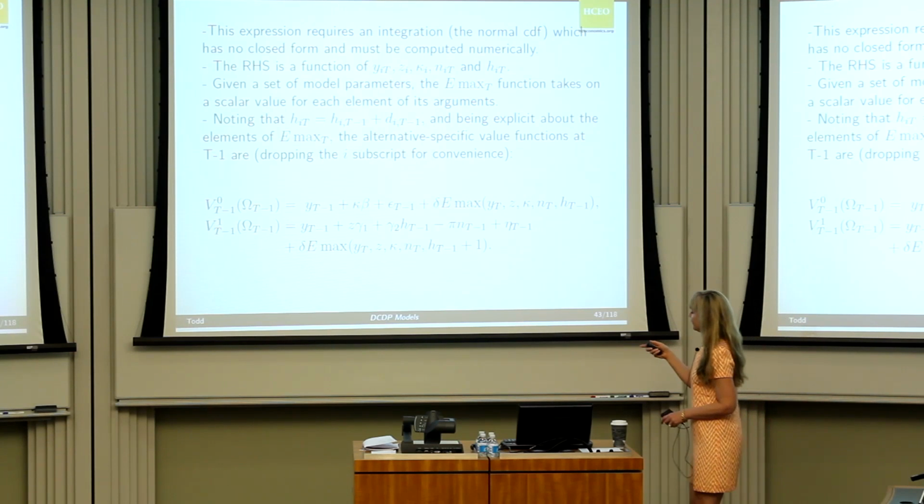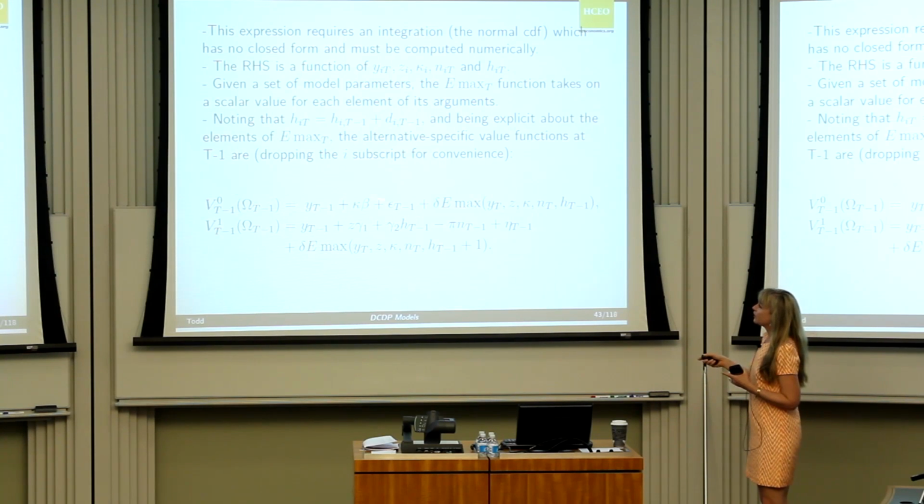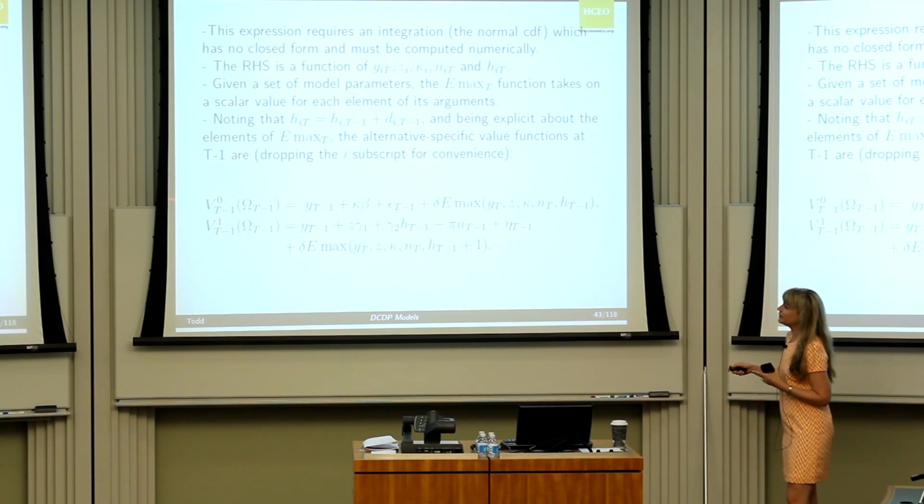Okay, so this is now a value function at period T. In period T, the last period, there's no future, right? So there's no Emax in the last expression because you only have current utility. In period T minus 1, you get current utility plus the future Emax, if you work or if you don't work. And so you need the Emax in period T minus 1.